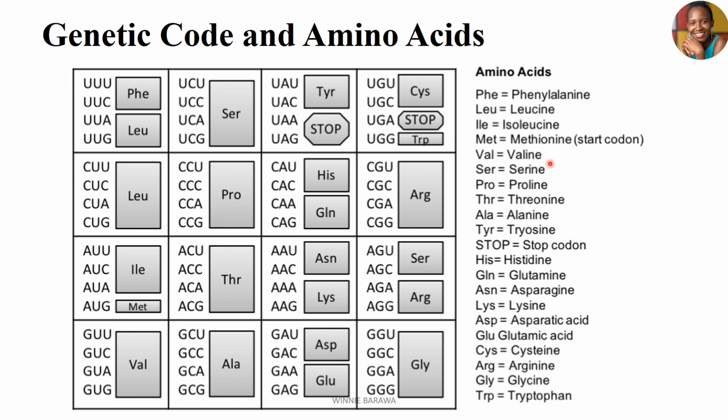We have valine, serine, proline, threonine, alanine, tyrosine, and then we have a stop code. Then we have histidine, glutamine, asparagine, lysine, aspartic acid, glutamic acid, cysteine, arginine, glycine, tryptophan. Now, these can be coded using different types of codes.